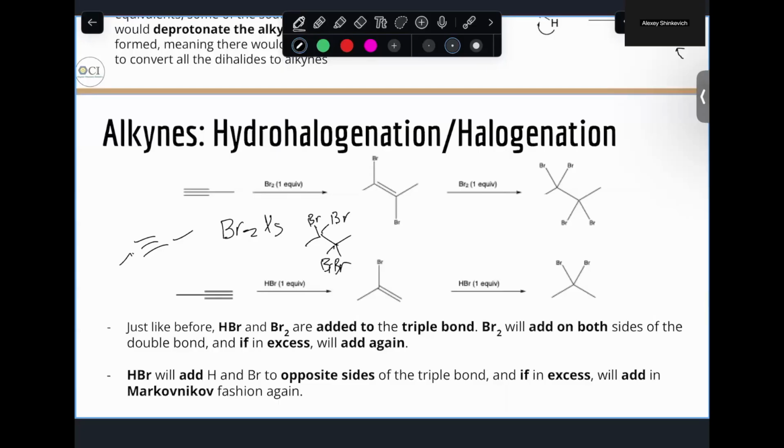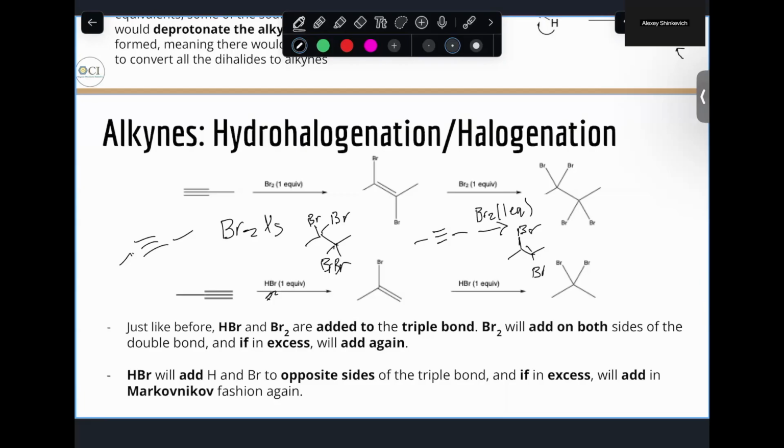Right? But if you use just one, one EQ is for one equivalent, you get something like that. Make sense?